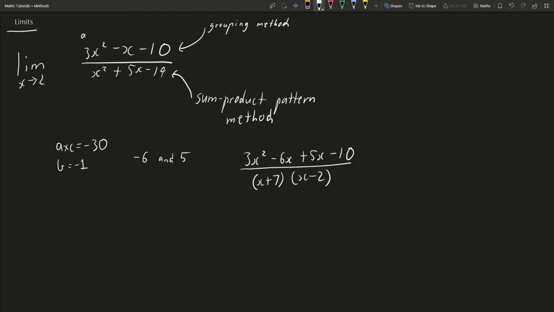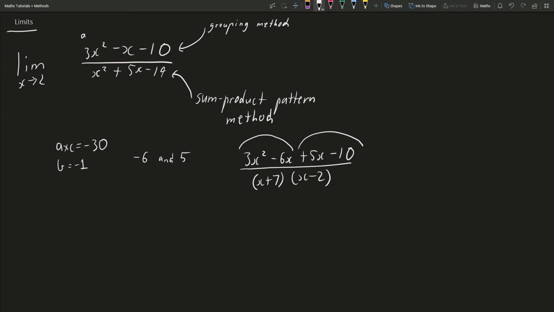So we're going to split this into two halves. Consider this as one half and this side as the other. And let's factorize this into two sides, like we did in the grouping method. So the highest common factor of 3x squared and negative 6x is 3x.